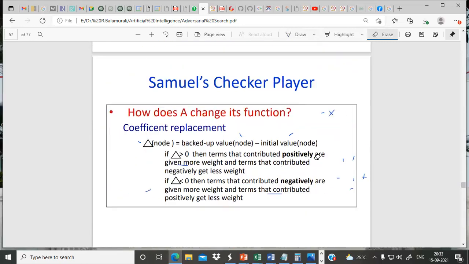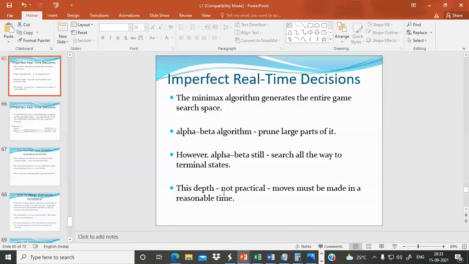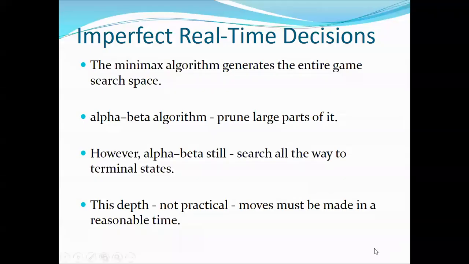Fine. There are some other things I would like to say. Whatever we have discussed, this cutoff search can also be considered as imperfect real-time decisions. So what is meant by imperfect real-time decisions? In real time, whether it is checkers or chess, we cannot allow the search to go up to the leaf node and then back up.